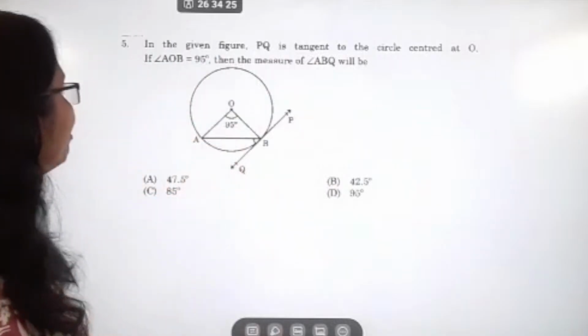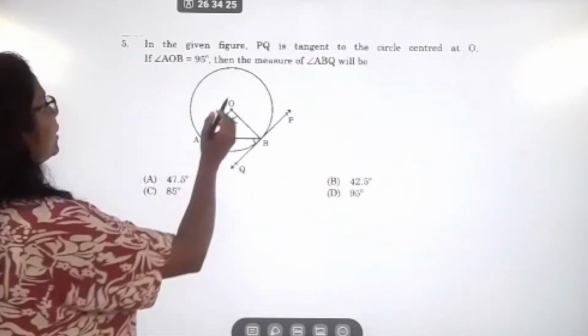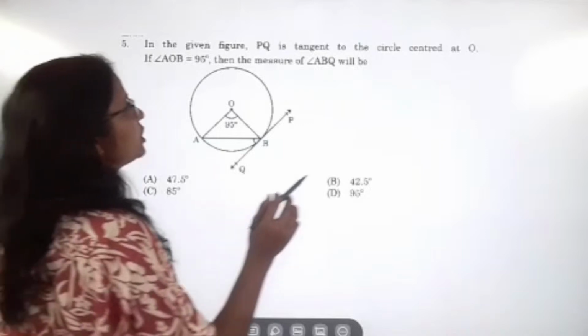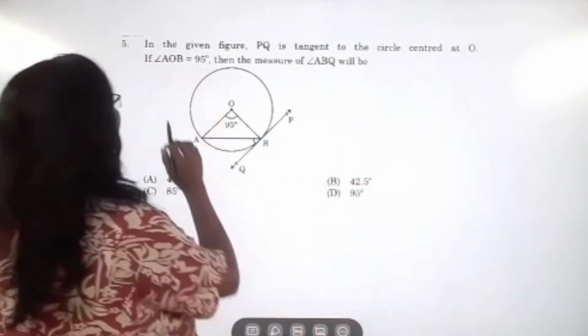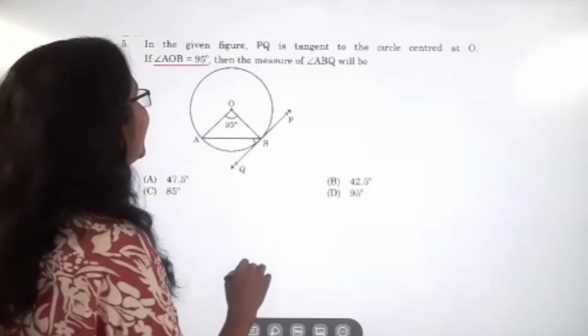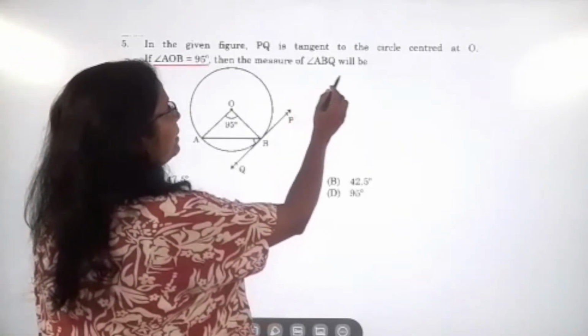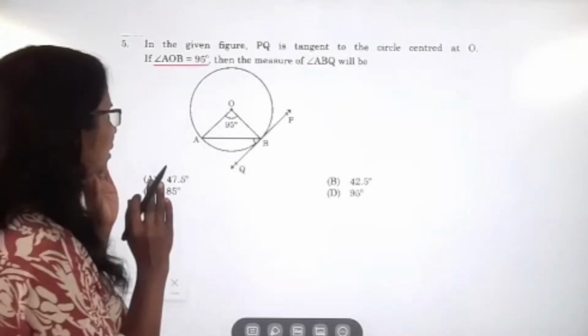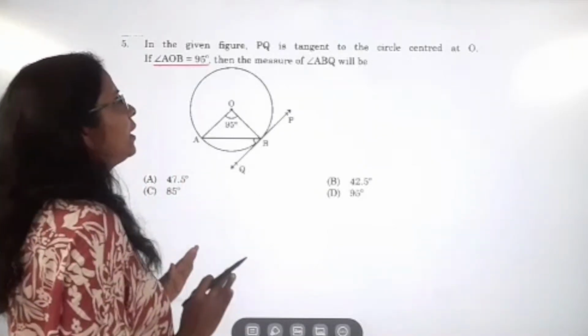So the next example is, students, in the given figure, PQ is a tangent. Yes students, see, PQ is a tangent to the circle centered at O. Angle AOB is equal to 95 degree, then the measure of angle ABQ will be. Okay, now here student, observe this figure carefully.